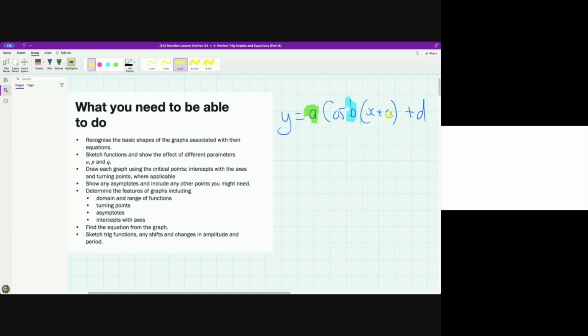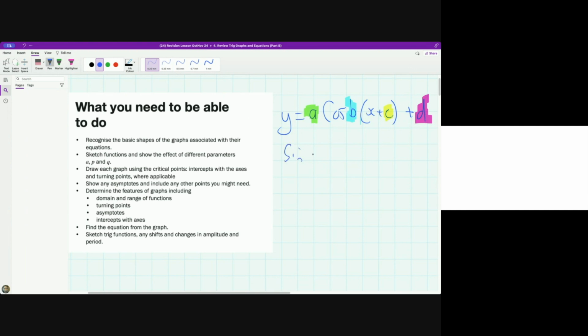Just to remind you, A is what we call an amplitude change, and the amplitude will stretch the graph up or down. If there's a minus sign in front, it reflects the graph over the axis. B is about period change. C is about horizontal shift. D is about vertical shift up and down.